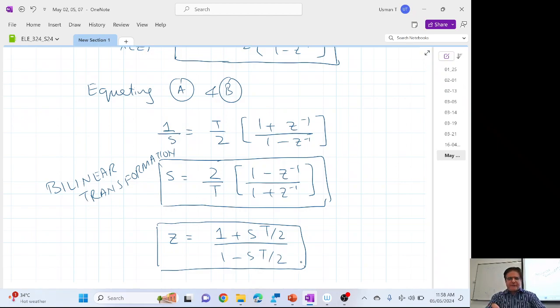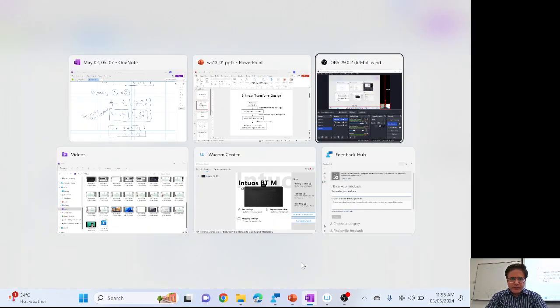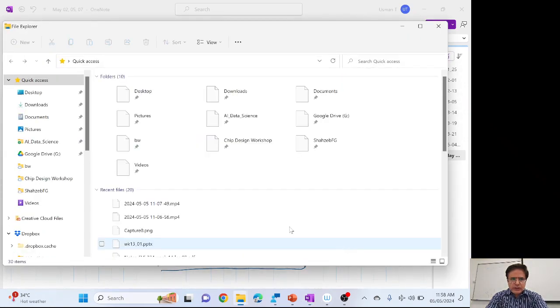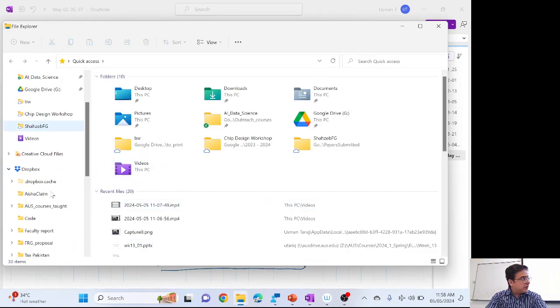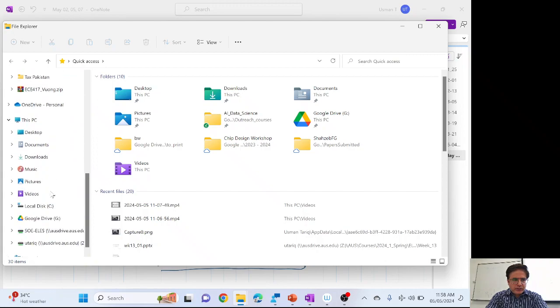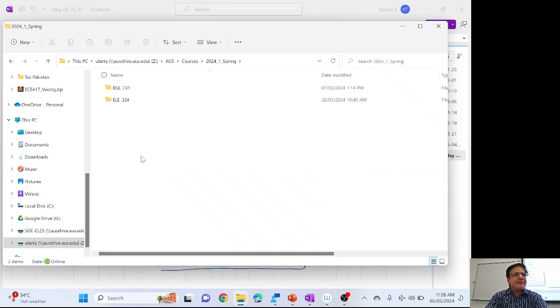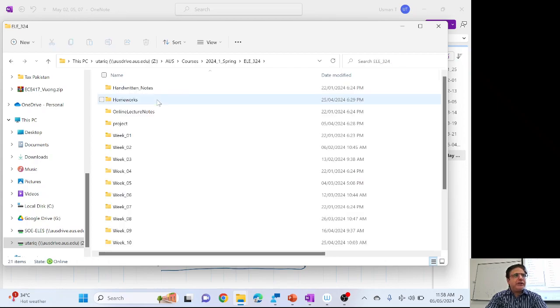Now you can also verify. You remember, if you have the left half plane on the s plane, that was mapping to the interior of the unit circle, right?